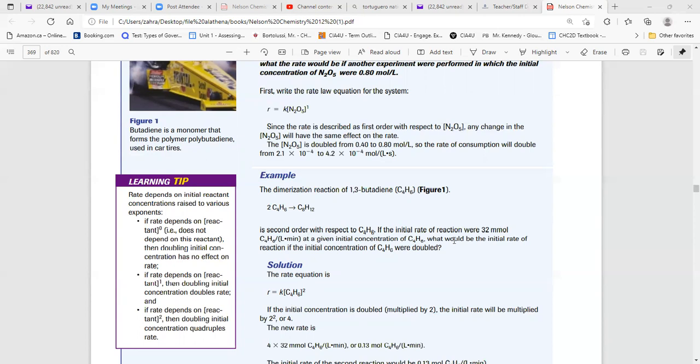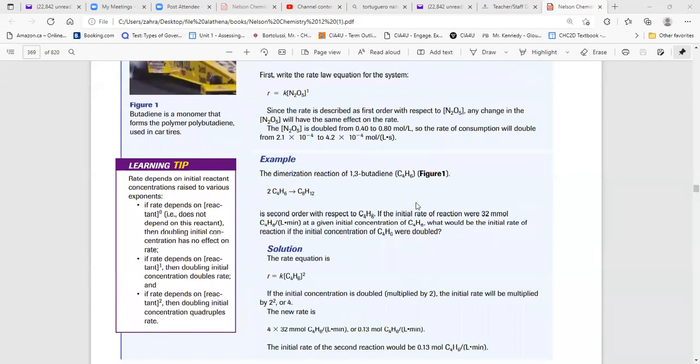It says the initial rate is given, so R is given as 32 millimole per liter per minute. Make sure you pay attention to these units. At a given initial concentration of C4H6, what would be the initial rate of reaction if the initial concentration were doubled?